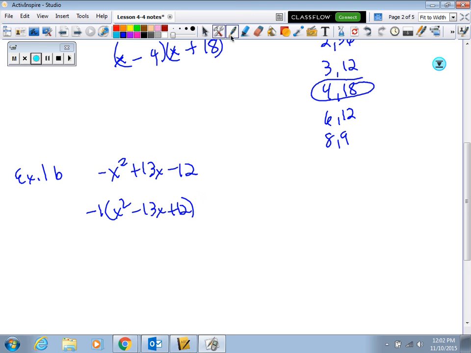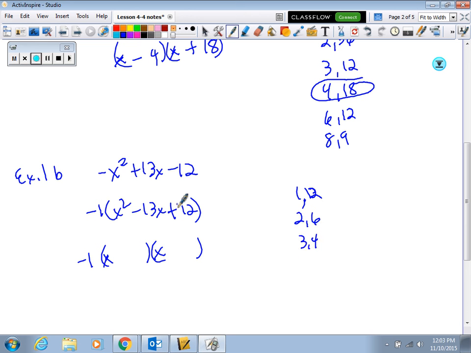So basically, what does that mean? I'm now working with it. Let's see, we took the negative out, so it's plus. I took the negative out, so it changed all the signs. So I'm going to have -1, and I'm going to have 2 parentheses. Again, x squared factors into x and x. I need factors of 12, 2 and 6, 3 and 4.